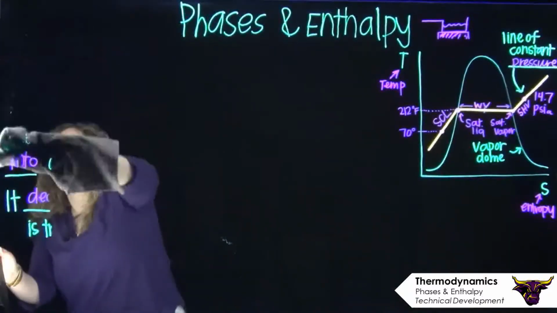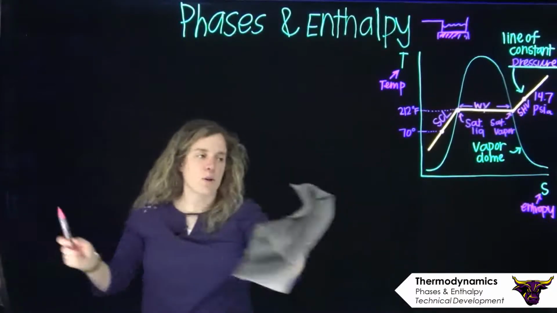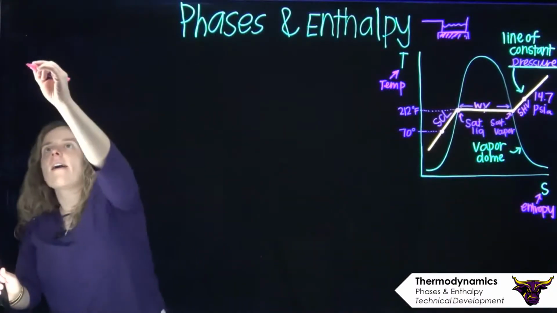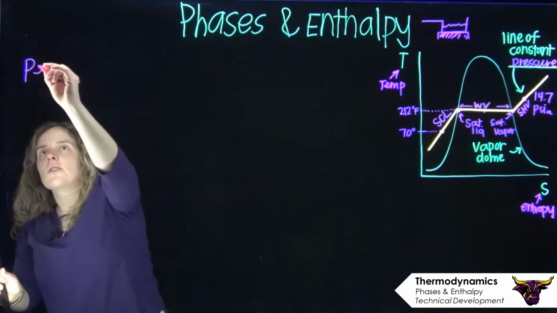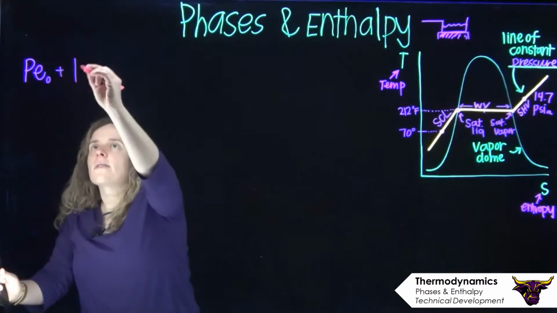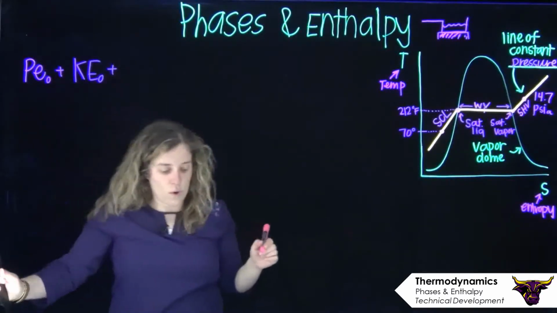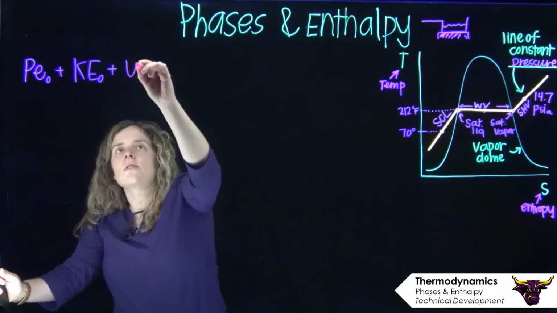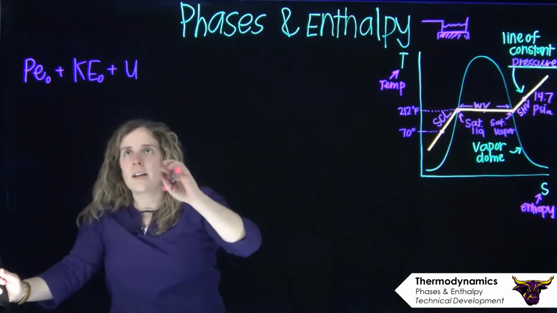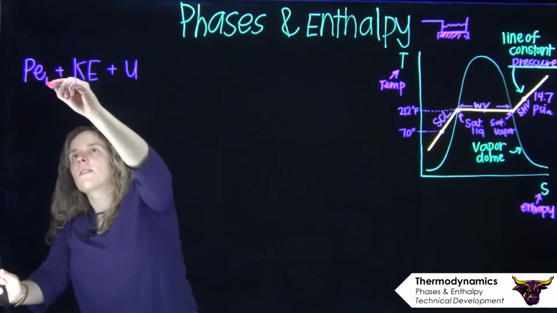If you think back to what that is in the context of thermo, we are going to have some potential energy to start out with, some kinetic energy, and some internal energy. Let's do this at stage 1. So we're at the first point.